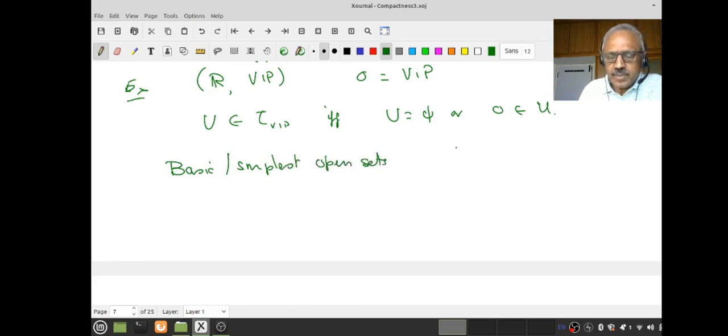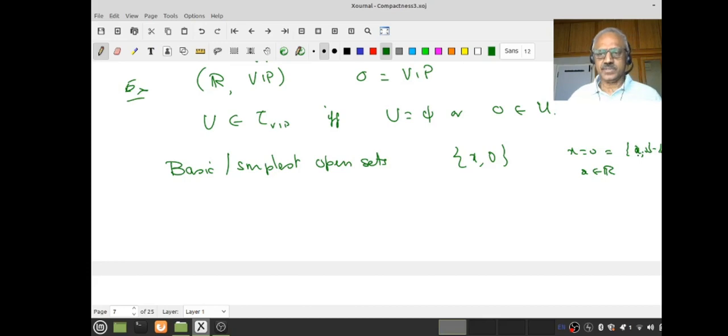Non-empty, of course. They are of the form {x, 0}, where x is in R. If x is 0, then the set is {0, 0}, which is the singleton {0}. These are the open sets.